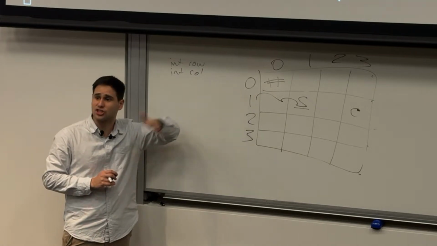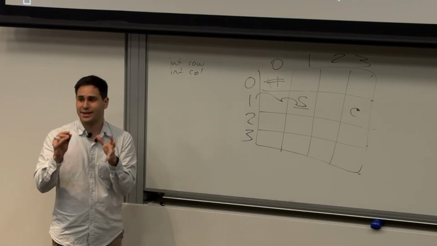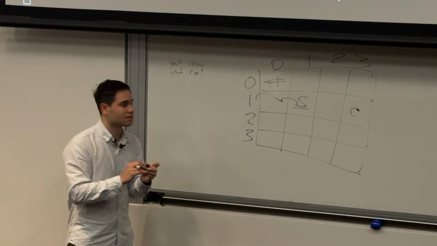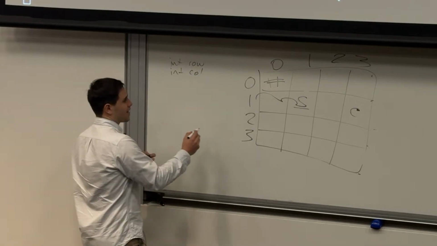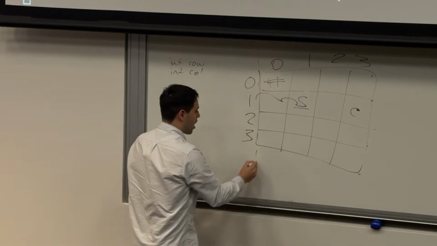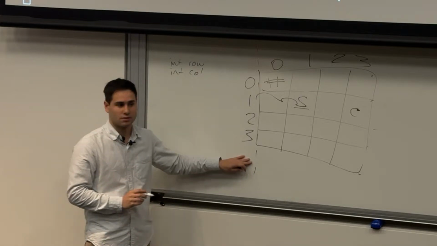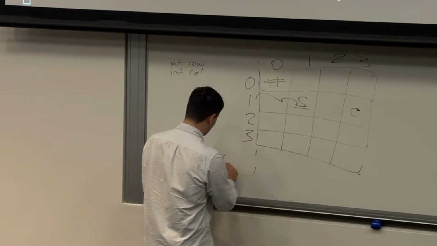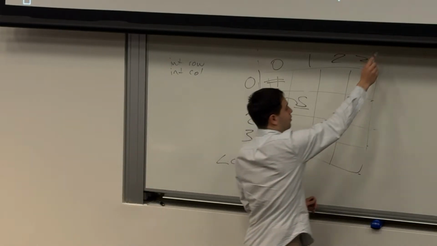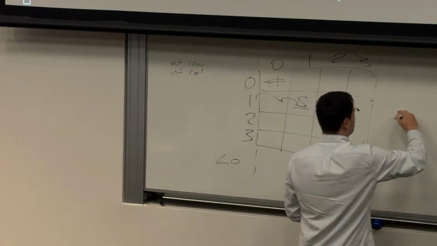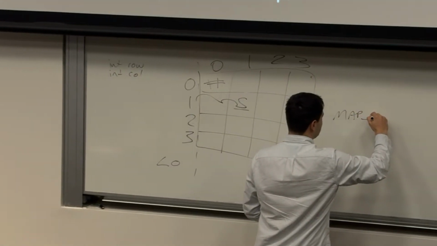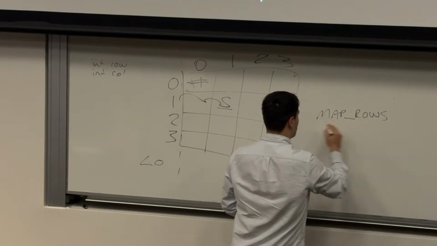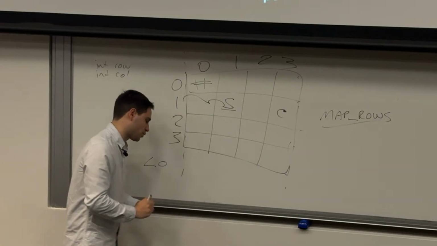No, because integers can go negative. So we need to stop that from happening in the first place. So what I should be checking is that I don't go less than this position, which is 0, and I don't go greater than the end of my map, which would be map rows. We've got to be careful not to use the integer 8 or anything like that.